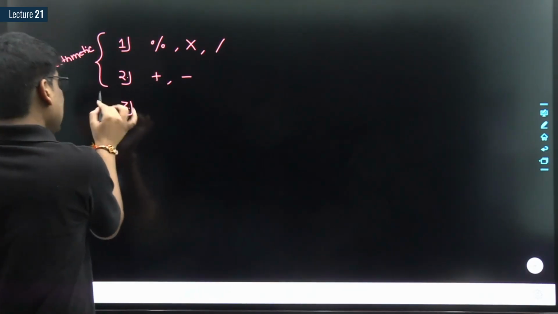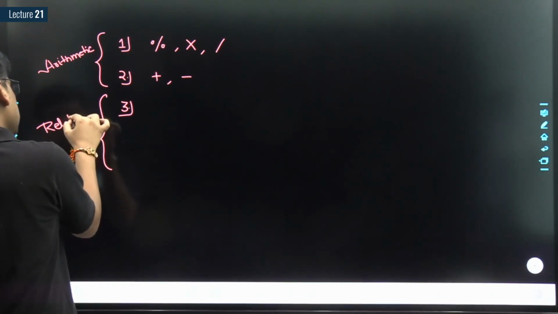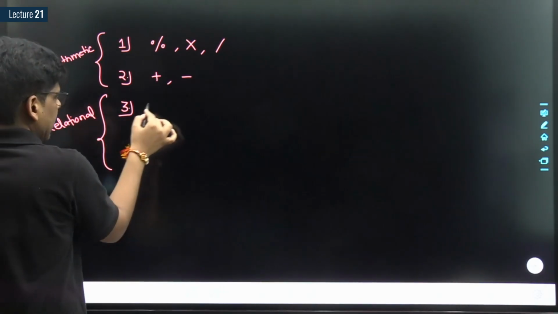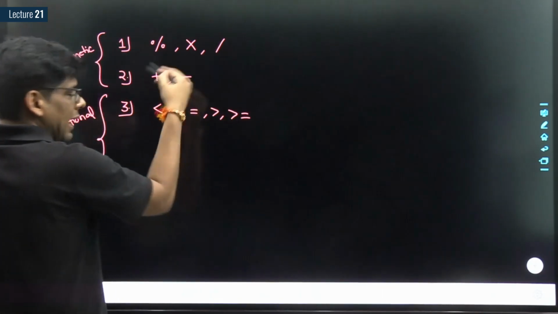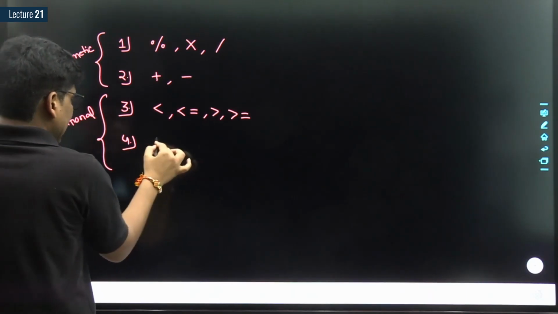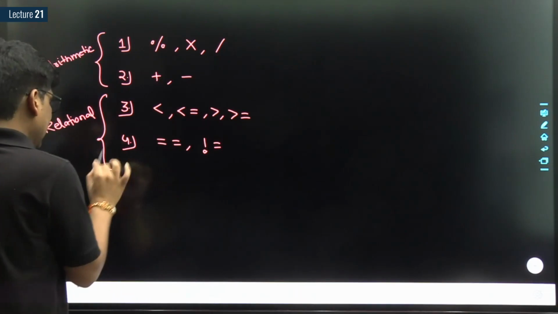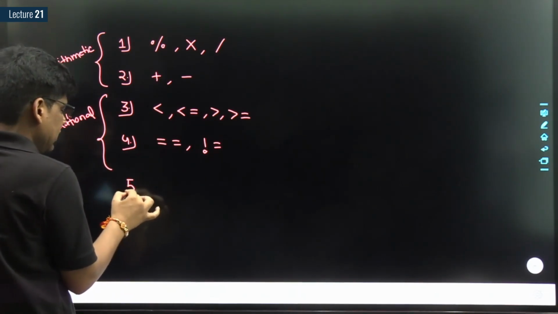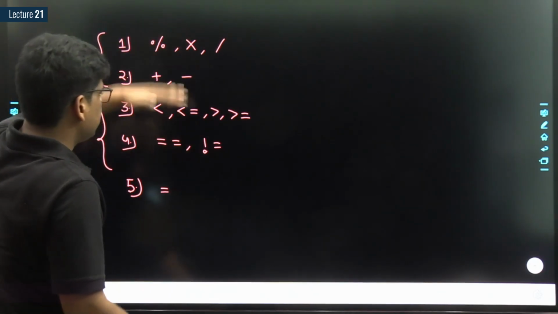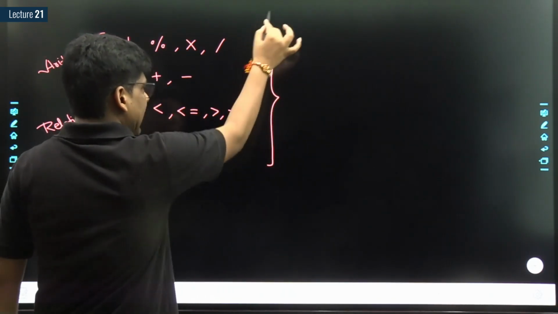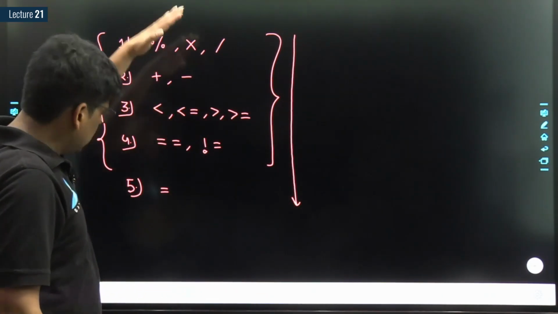Then we have relational operator, and among relational operator, we have 2 kinds of priority. Sir, these 4 are at same priority and these 2 are at same priority. Okay. And then we have discussed the assignment statement. So if I talk about these 4, the priority is this. That means highest to lowest among all these operators.